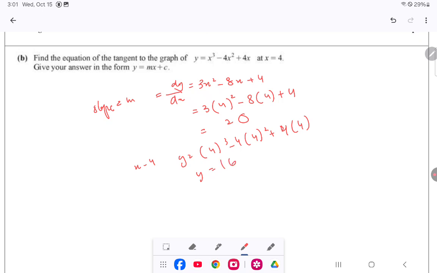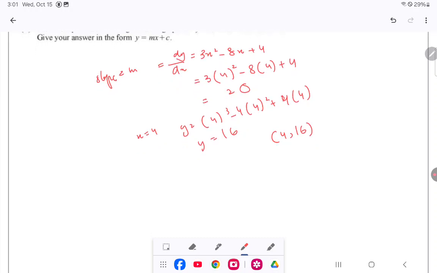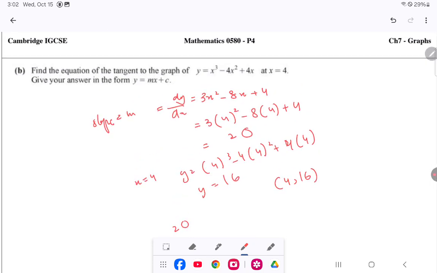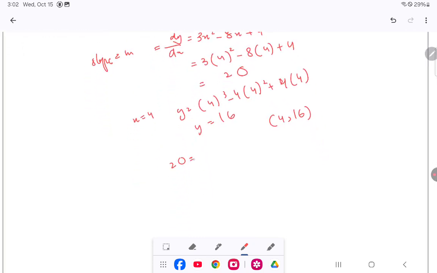When x is 4, y gives the value of 16, and by taking the slope we can calculate another point. 20 is equal to y2 minus y1 over x2 minus x1.